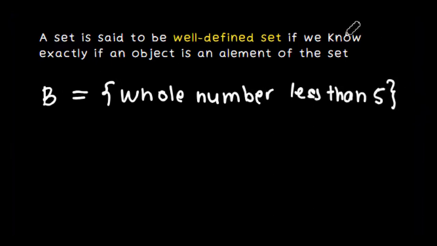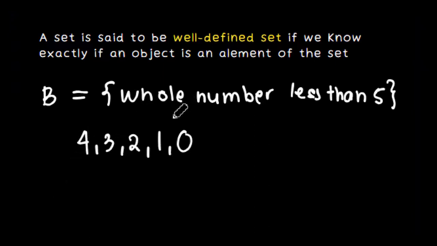Ano yung mga whole number less than 5? Since we can give directly the elements of the set, which are 4, 3, 2, 1, and 0, set B is an example of a well-defined set.